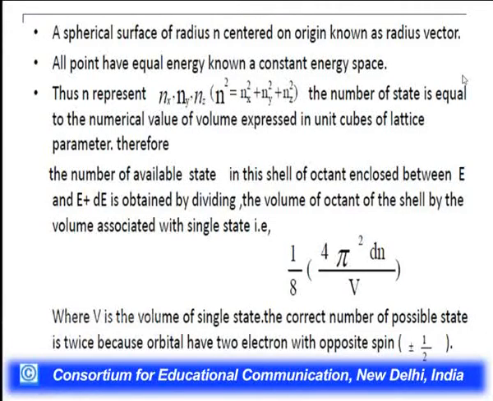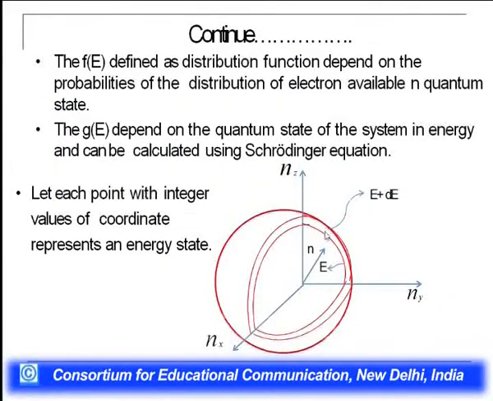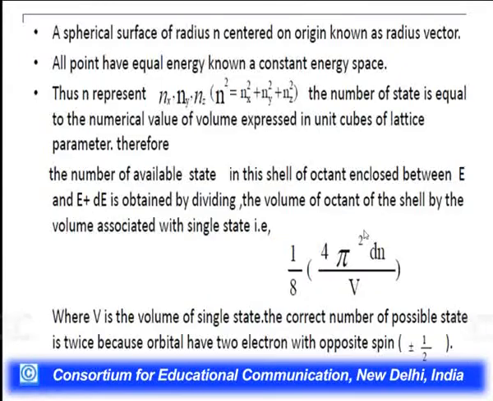The number of states is equal to the numerical value of volume expressed in the unit cube of the lattice parameter. Therefore, we can define the number of available states in this shell of an octant enclosed between E and E plus dE. Here we divide this into octants, and the interval is E to E plus dE.